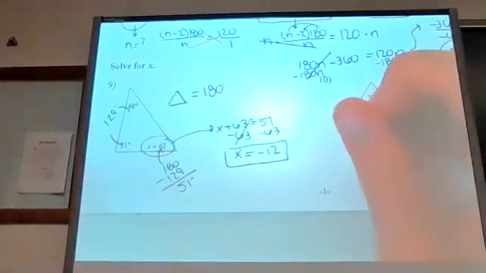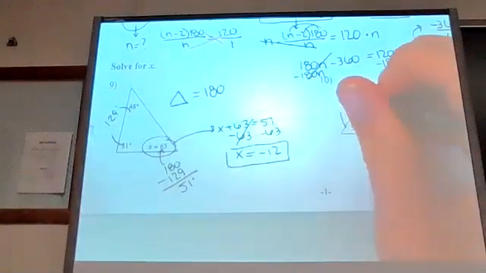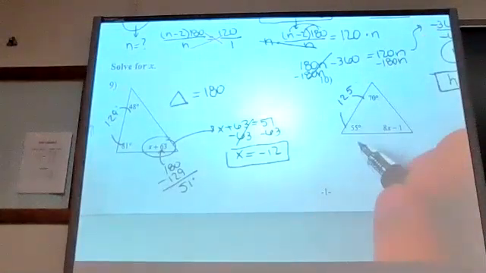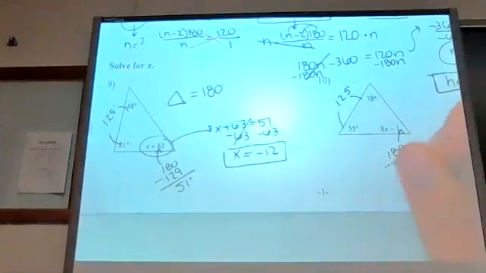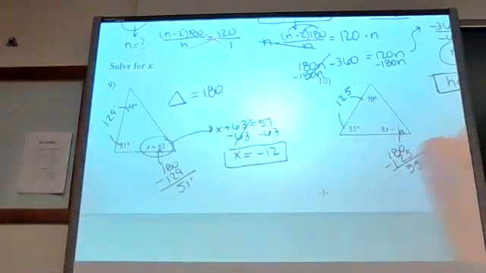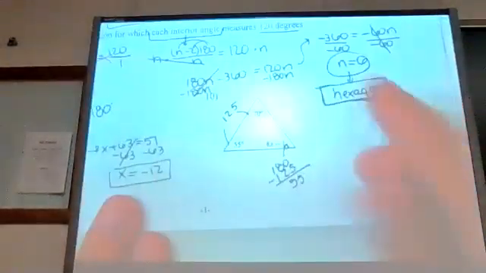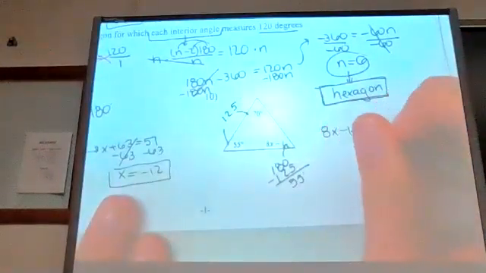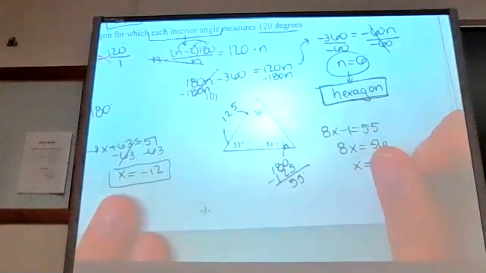So I have 70 and 55, so that's going to give me 125 degrees between these two angles, which means this angle that's missing here would be 180 subtract 125, or 55 degrees. And then I can solve for x, because 8x minus 1 must equal 55 degrees, or 8x equals 56, and x equals 7.